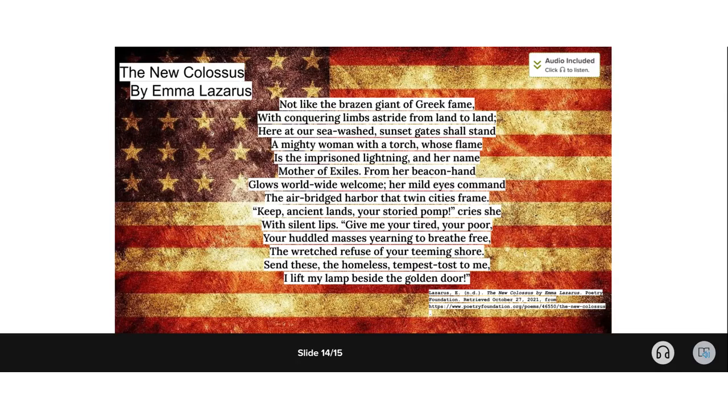A famous poet at the time, Emma Lazarus, wrote a poem about immigration. Really, this poem is about the Statue of Liberty. And it reads, "Not like the brazen giant of Greek fame, with conquering limbs astride from land to land.